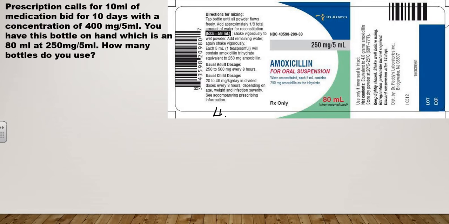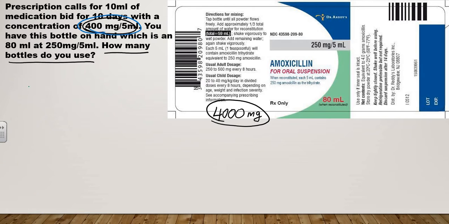If I know I have 4,000 milligrams, I'm asking myself now how many milliliters can I get at the concentration that I want. Okay, so now you start with the concentration you want.